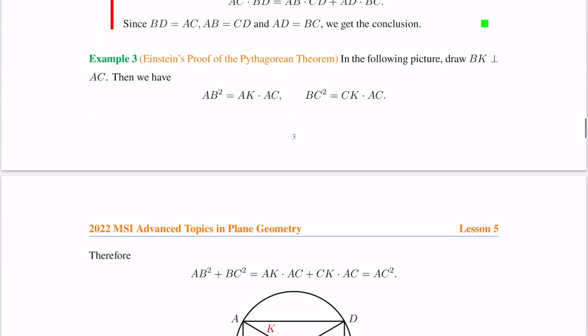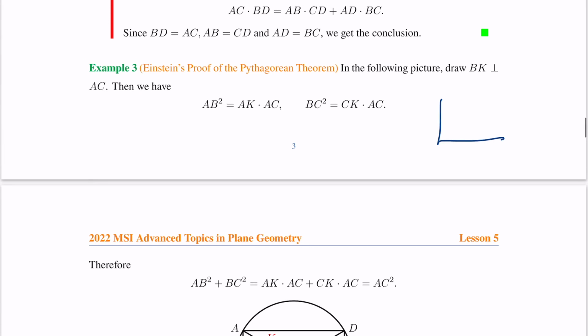Namely, we all know if I have a right triangle and I take the height, then how many triangles are there? There are 3 triangles. And all 3 triangles are similar. So suppose this is A, this is B, this is C, this is H, this guy is X. So maybe I should draw a better picture.